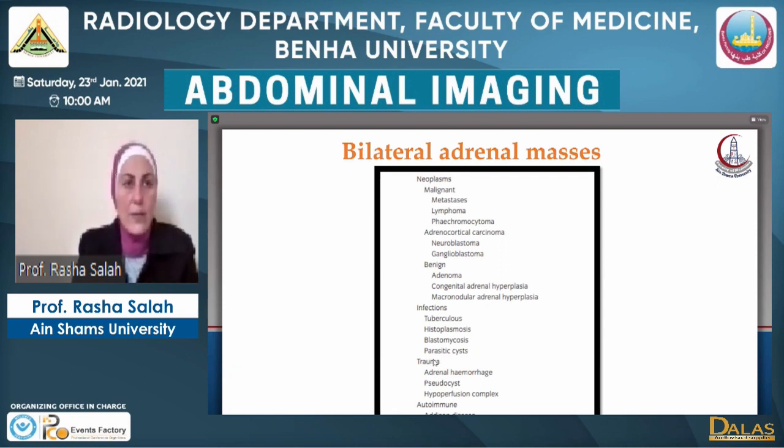Sometimes parasitic cysts can occur, and we have seen just one case of adrenal hydatid cyst. Bilateral adrenal lesions could also include adrenal hemorrhage or pseudocyst, or it could occur in autoimmune disease, which is Addison disease, where there are atrophic bilateral adrenal glands.